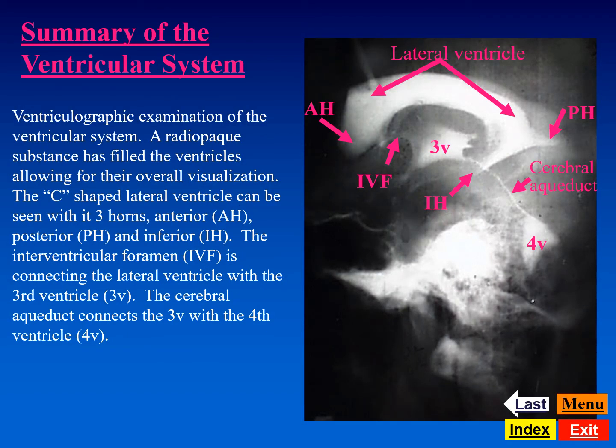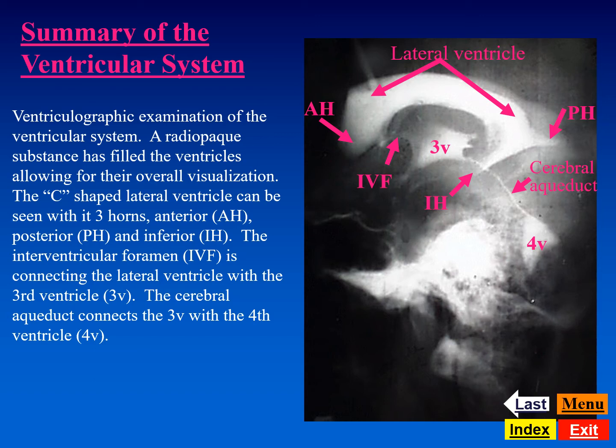In this ventriculographic image, we can see all the components of the ventricular system of the brain, starting with the lateral ventricle, having its three horns, anterior, posterior, and inferior horn, and then the third ventricle, which is connected with the lateral ventricle by way of the interventricular foramen, and then the fourth ventricle, which receives cerebrospinal fluid from the third and lateral ventricles by way of the cerebral aqueduct.